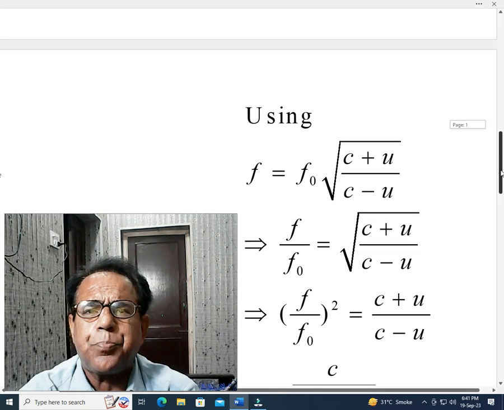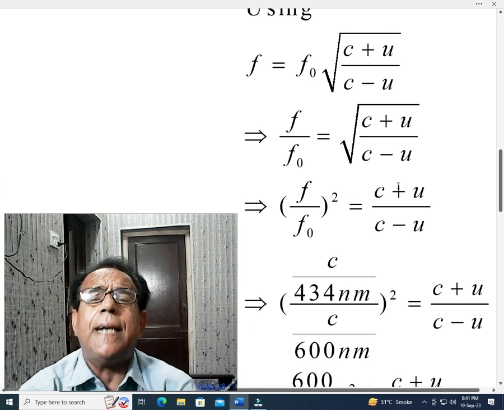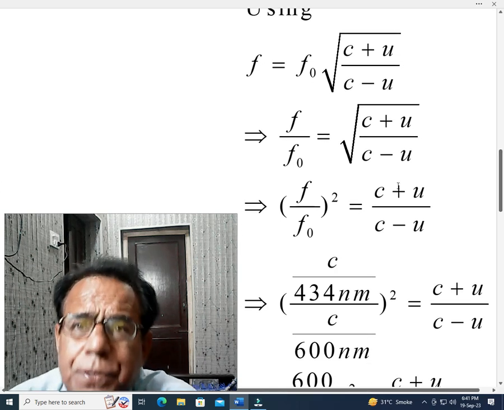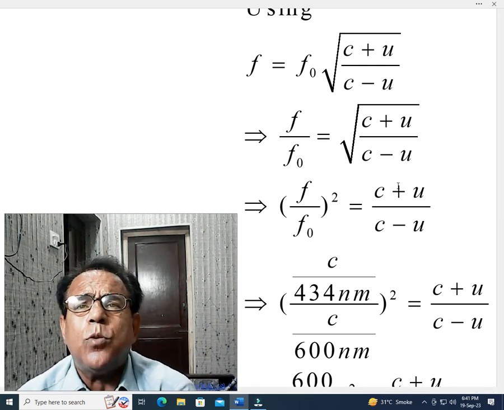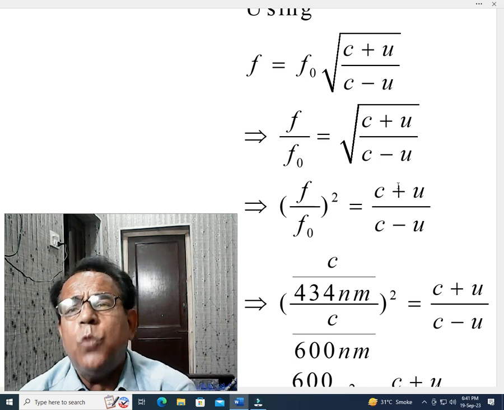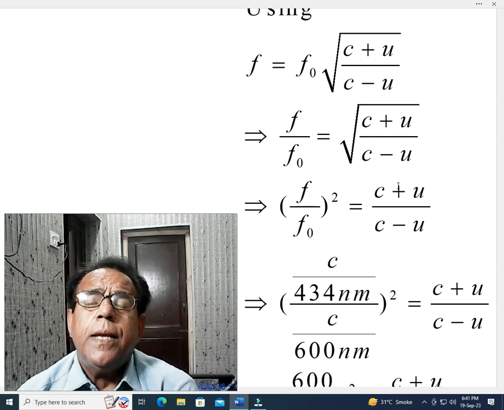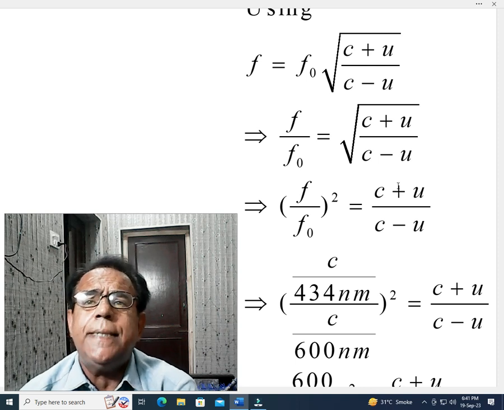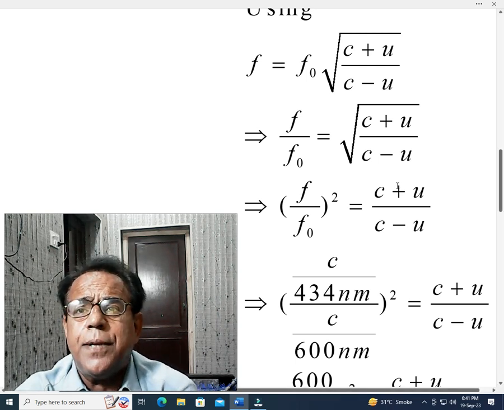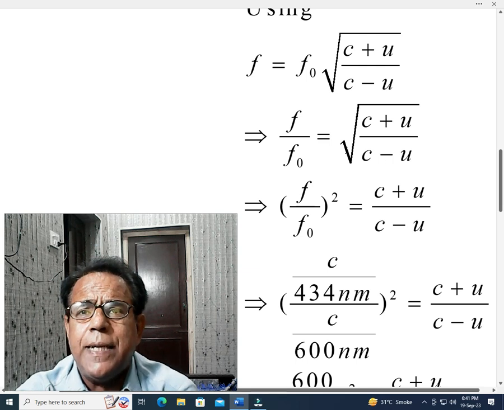In the next step we shift f naught to the other side: f over f naught becomes equal to under root c plus u over c minus u. If we take the square of both sides, the under root will be cancelled, and we get f over f naught squared equal to c plus u over c minus u.